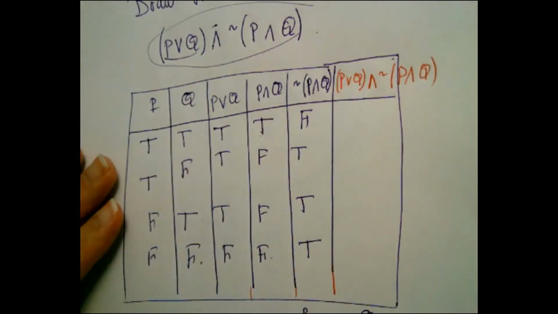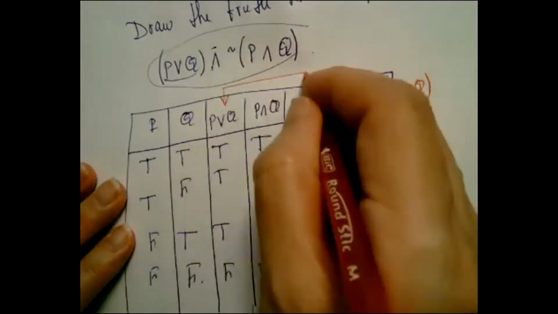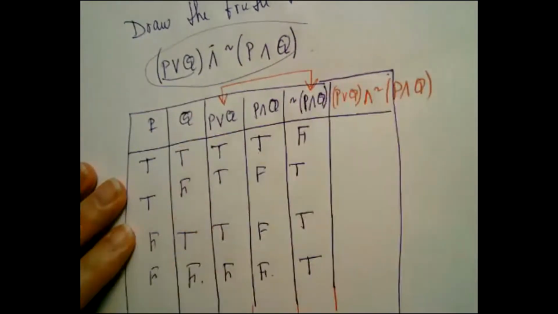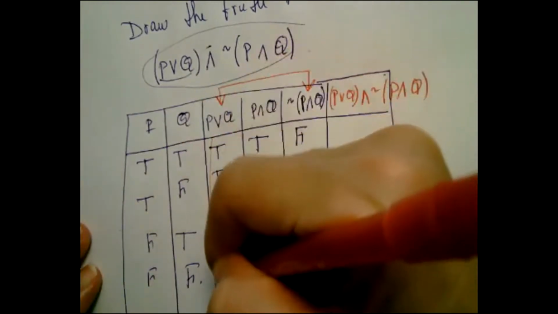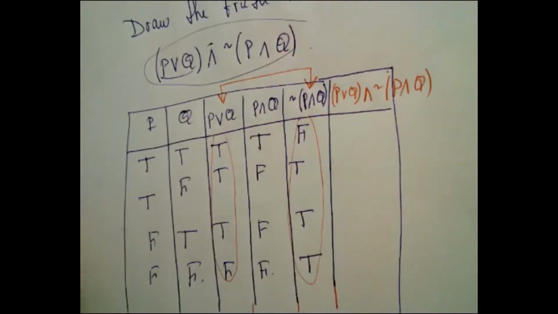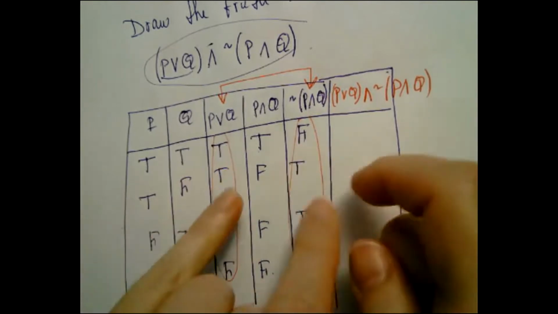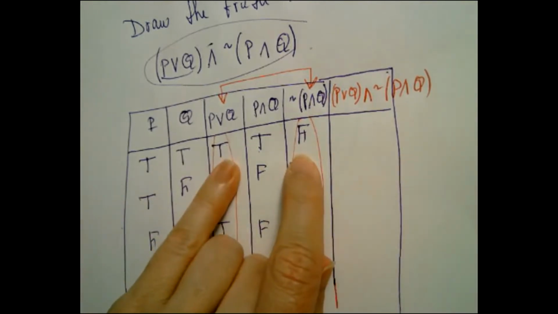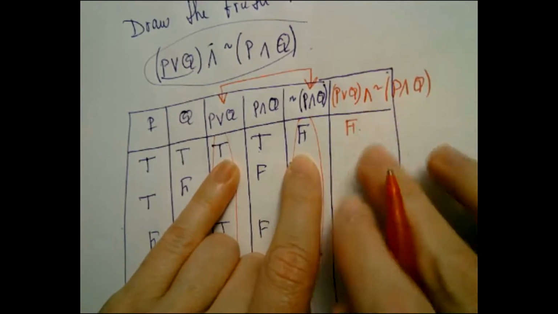Now my last step is I need to take this one and this one, and then I want to take the and between them. So I did the pieces, and now I need to combine them by an and. So what do I get here? P or Q and not P and Q. True, false. The and is false.